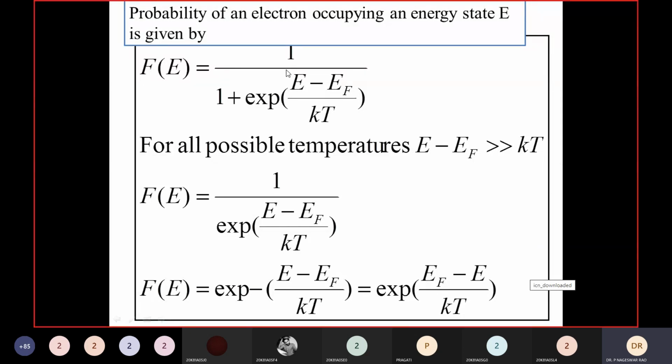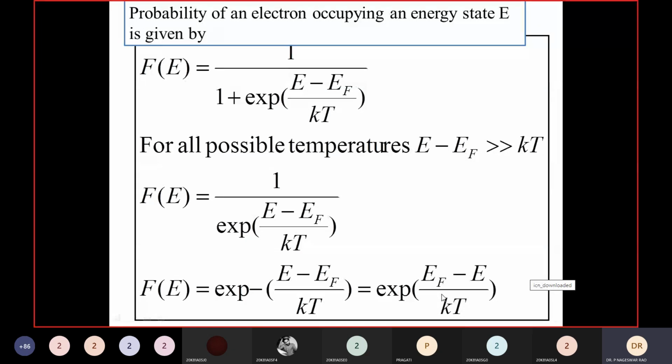If you simplify it, because here E minus EF is much greater than kT, this value is very high, so we neglect the 1. So we can get the F of E value. Now if you substitute the Z of E and F of E values, we can get the density of electrons.